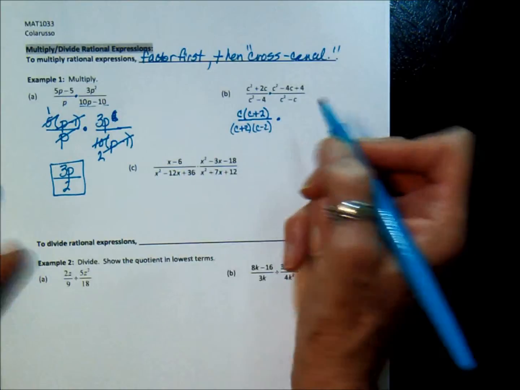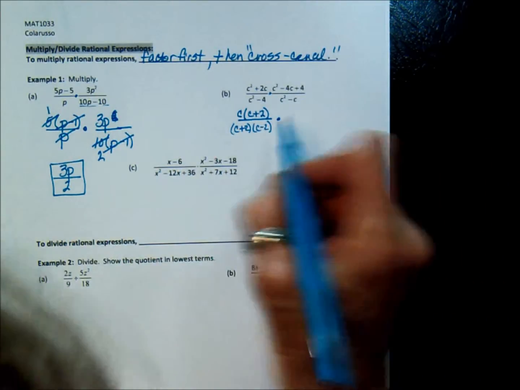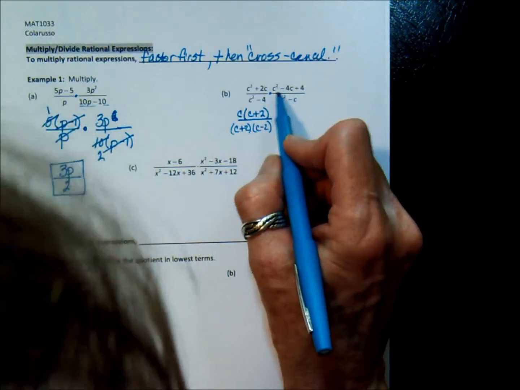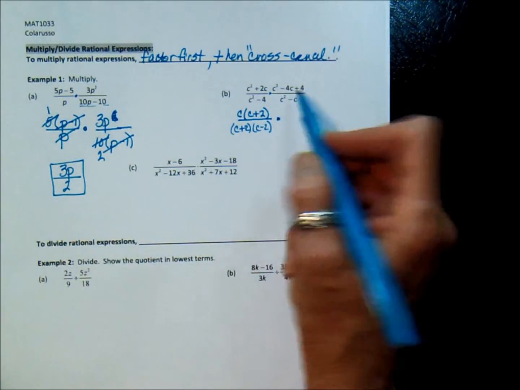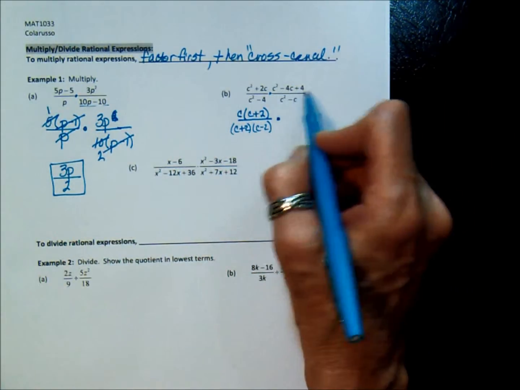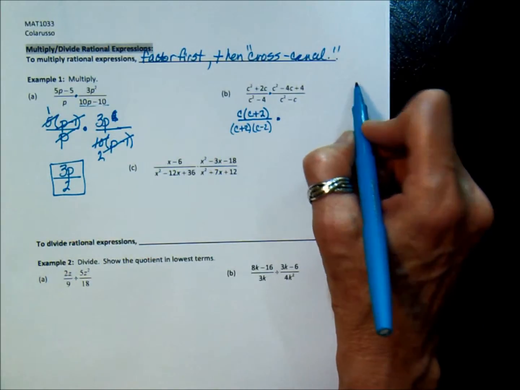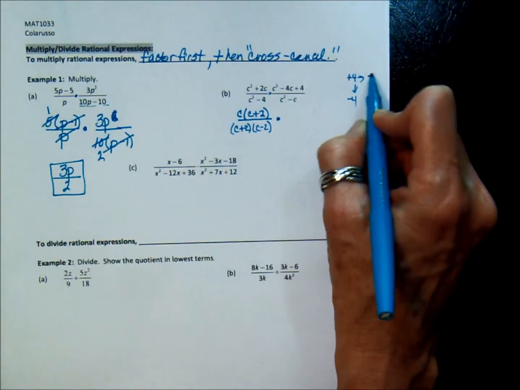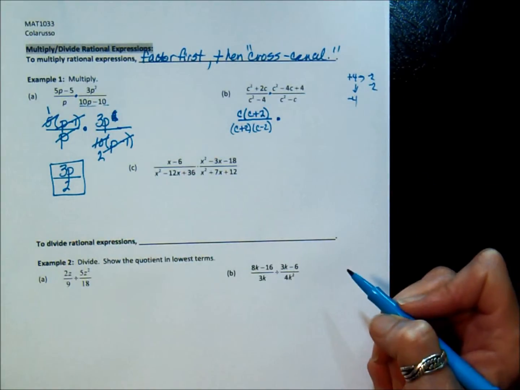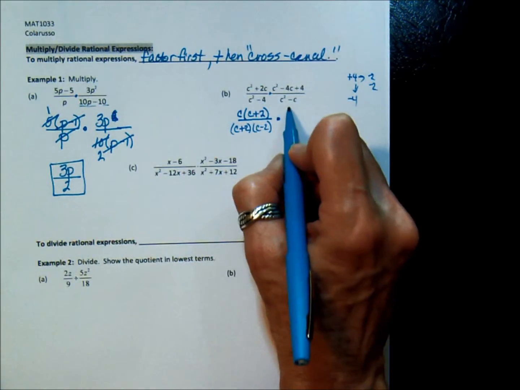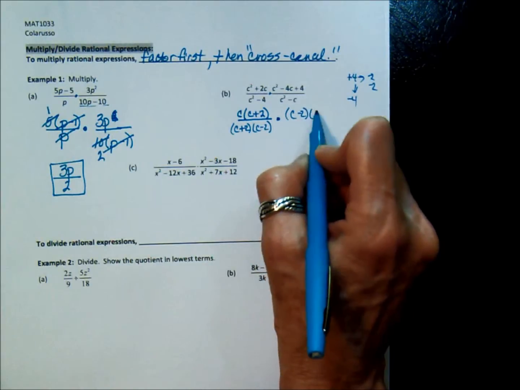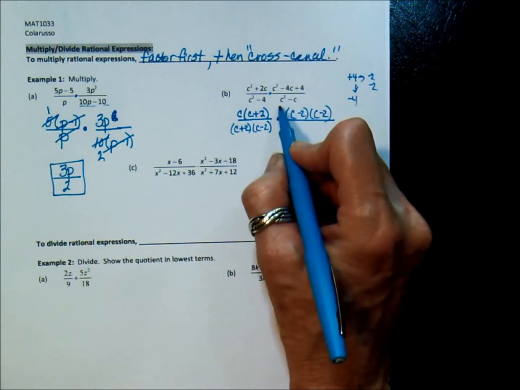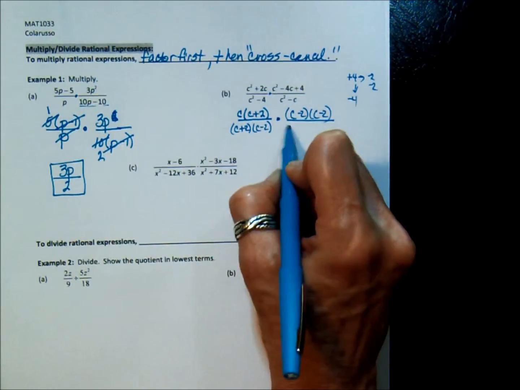It's quite important that you are able to factor and recognize what you're seeing. c squared minus 4c plus 4, that is a trinomial short process, so I'm looking for factors of positive 4 that add up to negative 4, negative 2 and negative 2. So that's going to be c minus 2 times c minus 2 over c squared minus c.